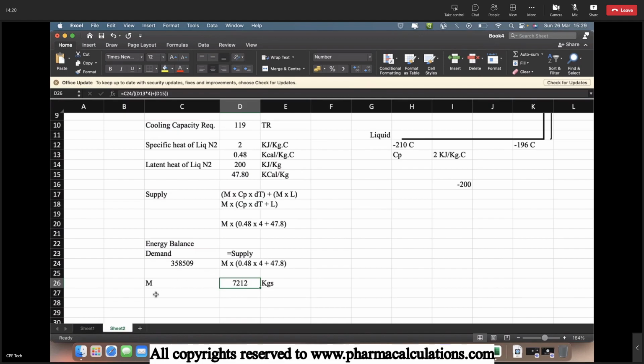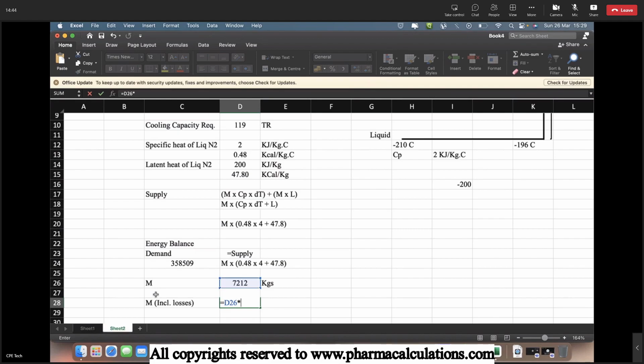And apart from that, considering the other losses like the pre-cooling of the internal coil available inside the reactor and all, let's take almost 5% of the total value. So this is including losses. Losses is nothing but the consumption of liquid nitrogen for a non-value added purpose.